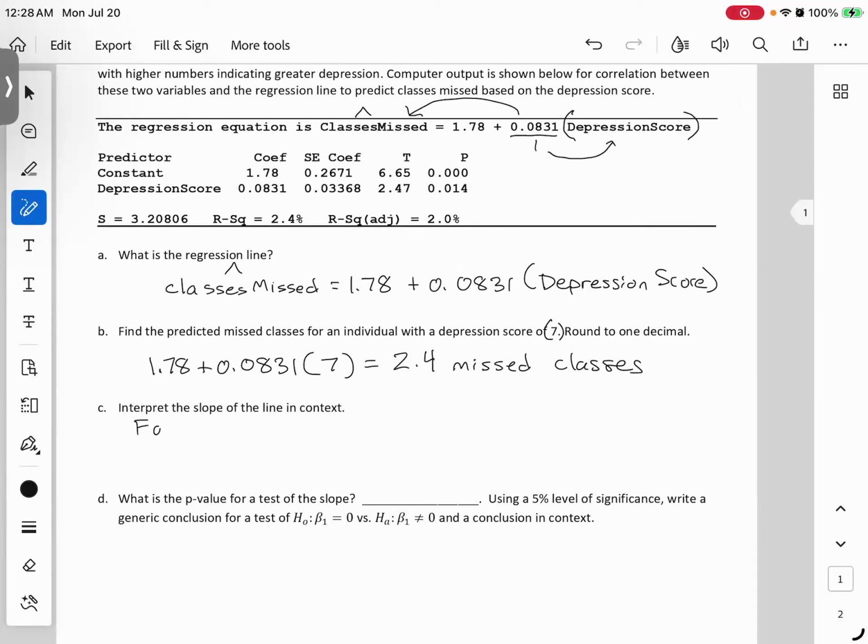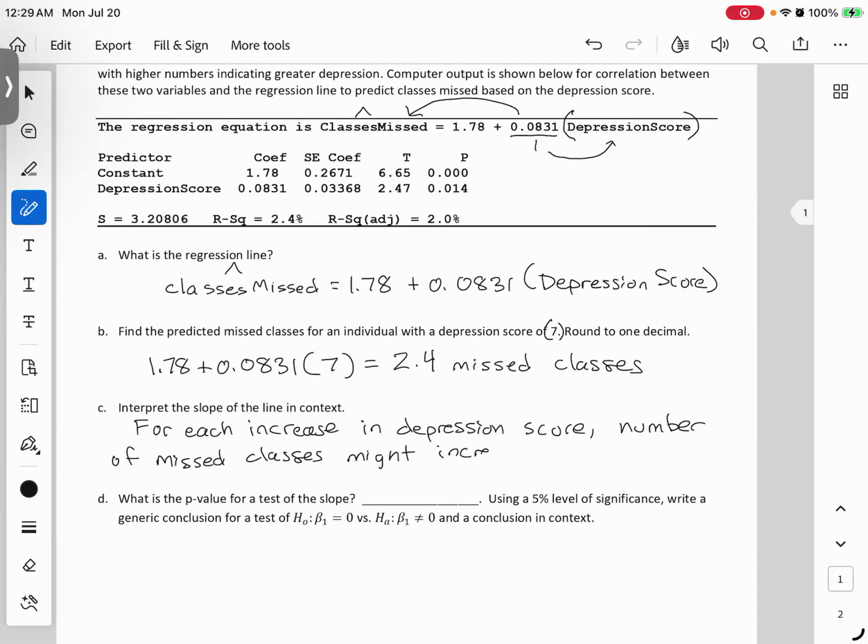If we're interpreting the slope, we would say for each increase in depression score, the number of missed classes, and we'll say might, because this is most likely just an observational study, might increase by 0.831.